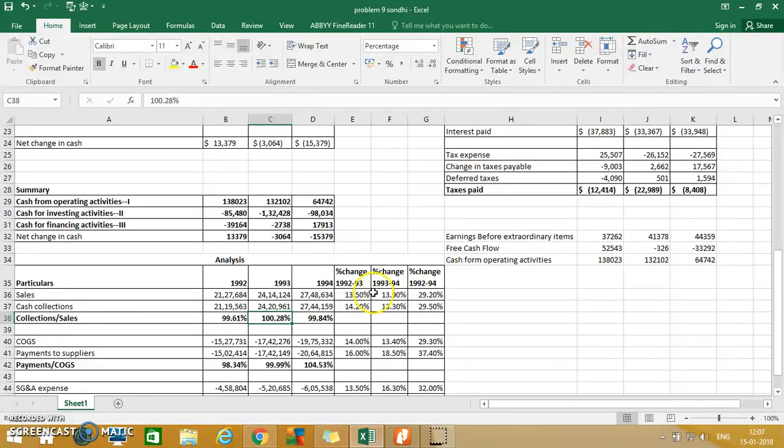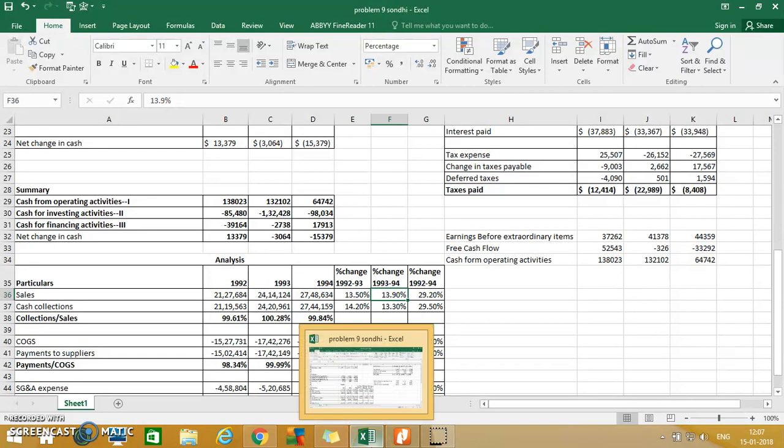The change in the sales has been rising the same way as the change in the collections. So I find that the sales have increased, and the percentage change is 13% here. Now in 93-94, it is 13%.